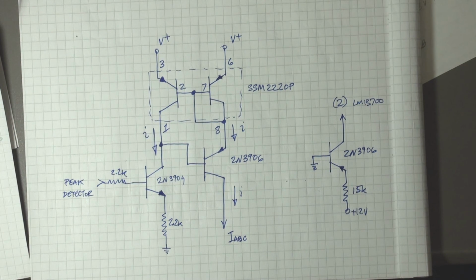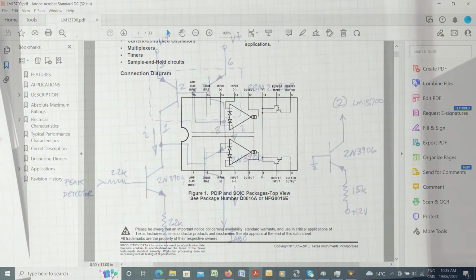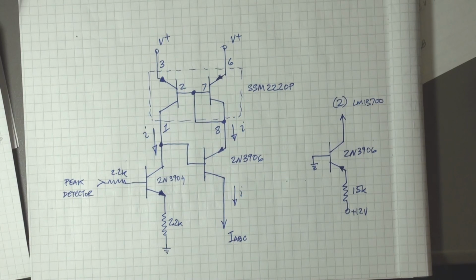So you can Google or YouTube the use of the LM13700. There's others that make use of it and describe it.